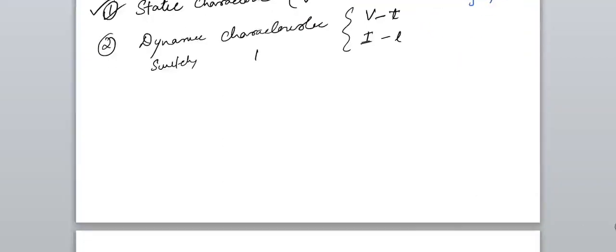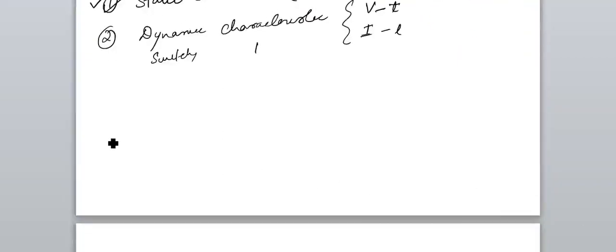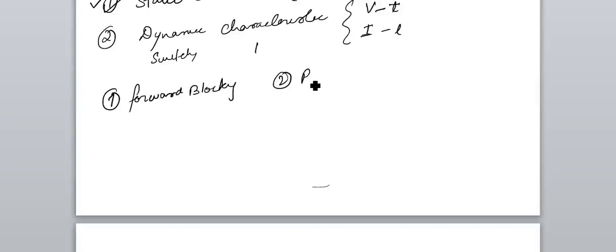These static characteristics have three regions. First, forward blocking. Second, forward conduction.